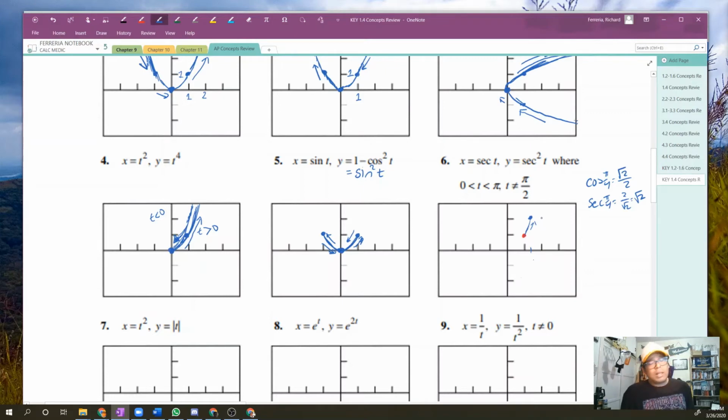Okay. Let's go in the opposite direction. Oh, no, there is no opposite direction. Actually, we should analyze what happens as t approaches pi over 2. So as t approaches pi over 2, secant approaches positive infinity. So positive infinity going this way. And then positive infinity squared, of course, is just positive infinity.